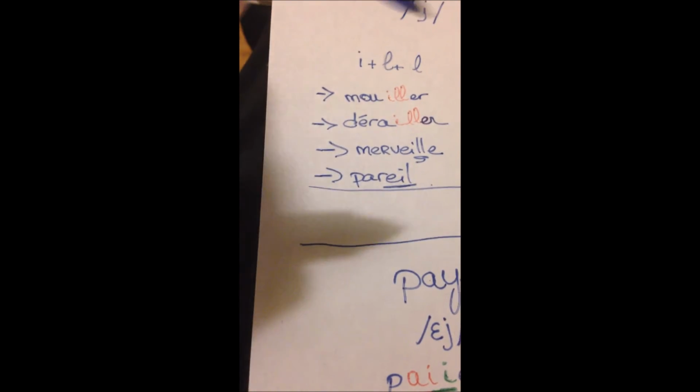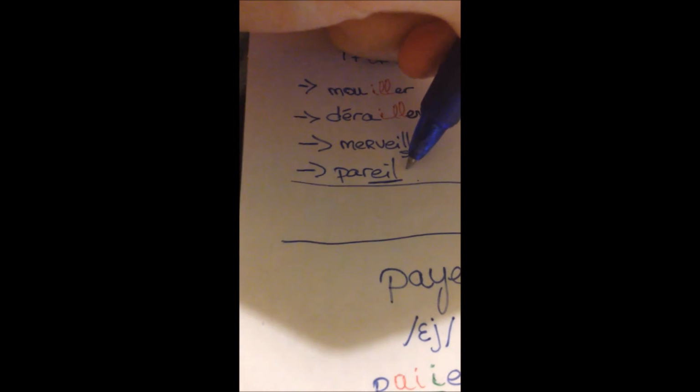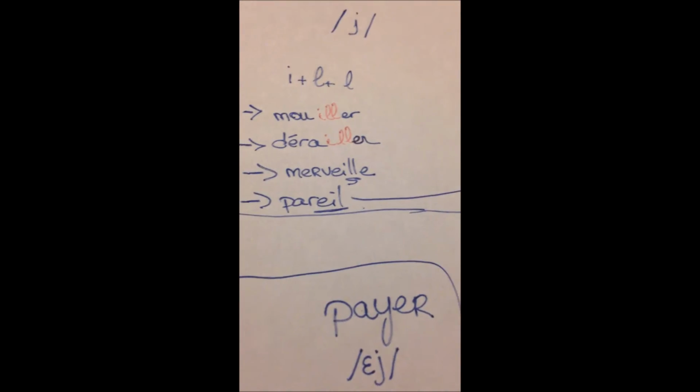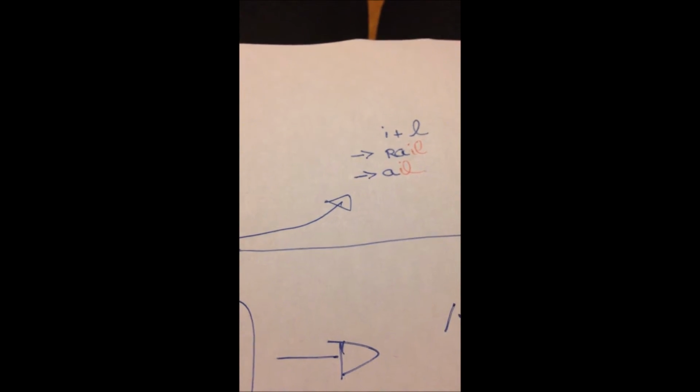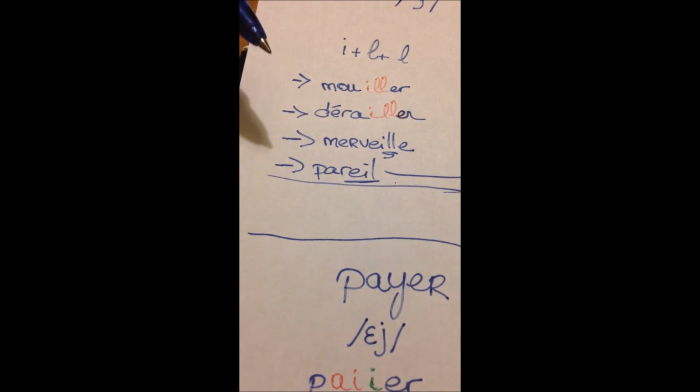Oops, pareil shouldn't be here actually, so pareil would be here. So you can also have this combination to make the sound, like in the word pareil, rail, and I.